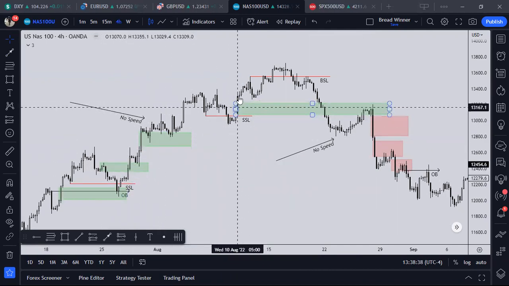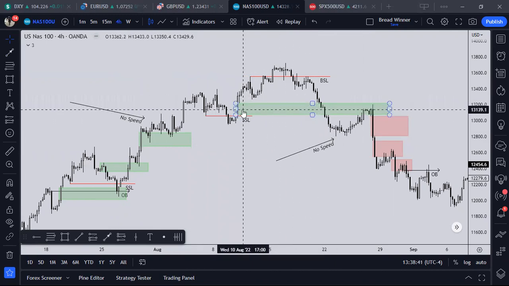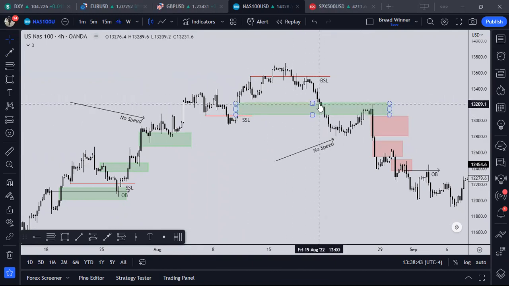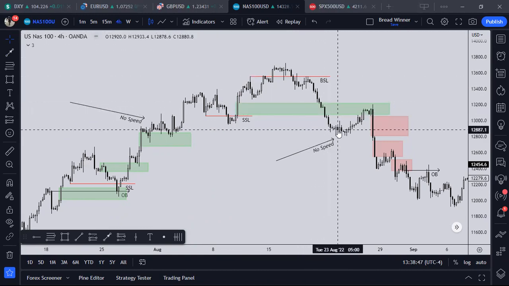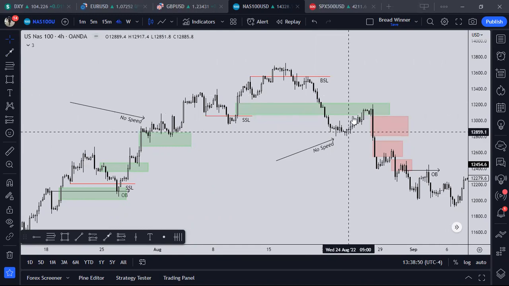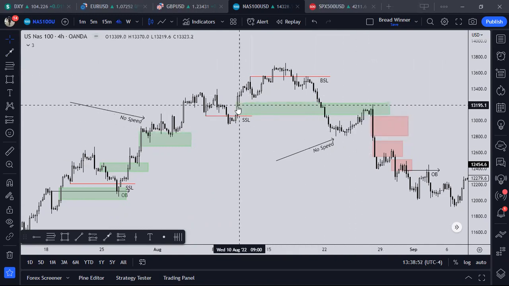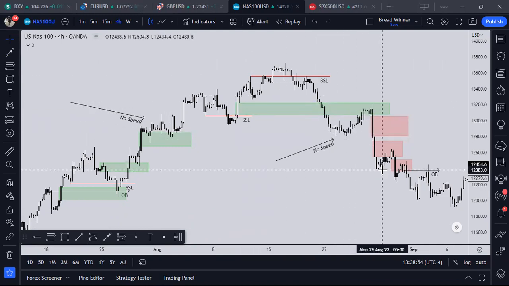Well, this old area of expansion, if we were truly bullish, we should have come down into this and formed a low and supported price higher, but we don't. We close straight through it, show no speed to the upside, to the buy side. We come into that range and we short.